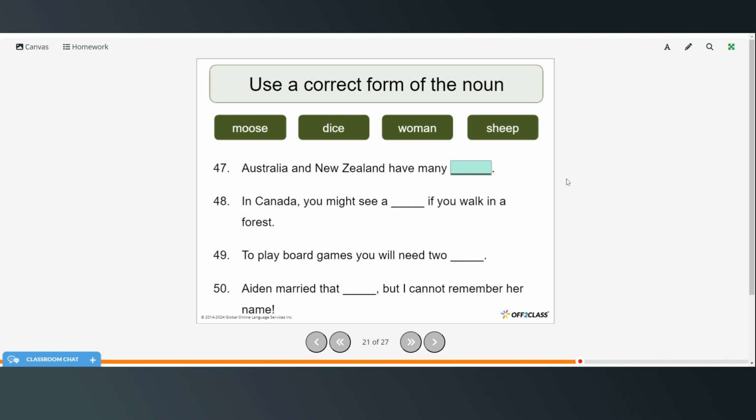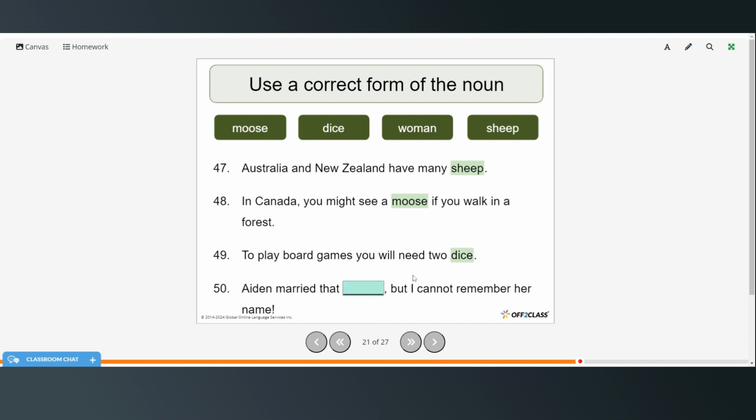All right, again, pause the video, fill in the answers, and then restart to check. Australia and New Zealand have many sheep. In Canada, you might see a moose if you walk in a forest. To play board games, you will need 2 dice.